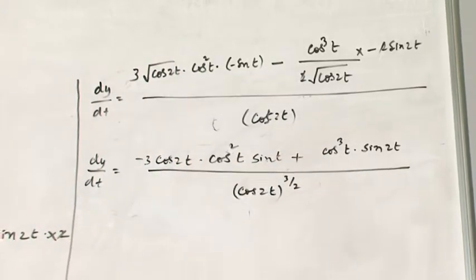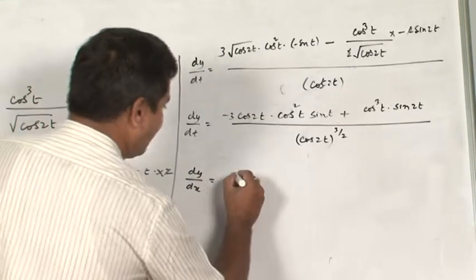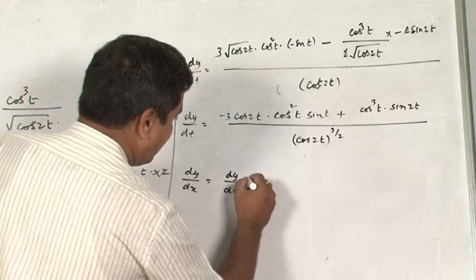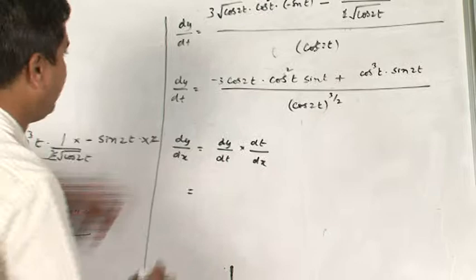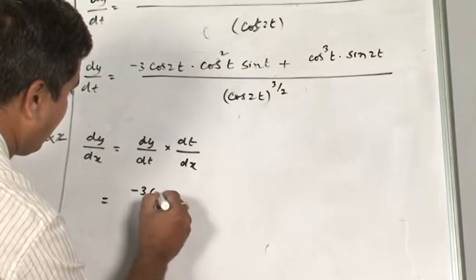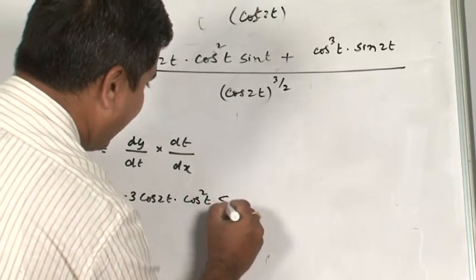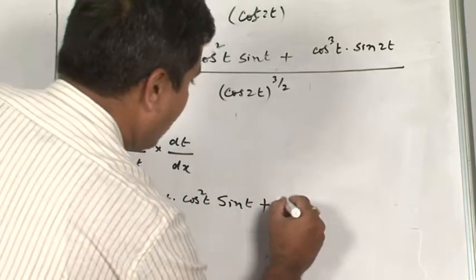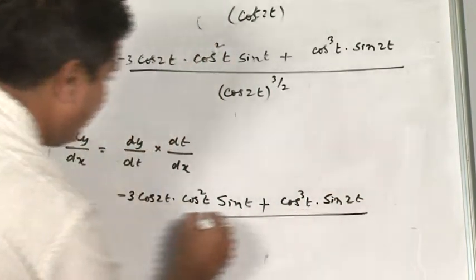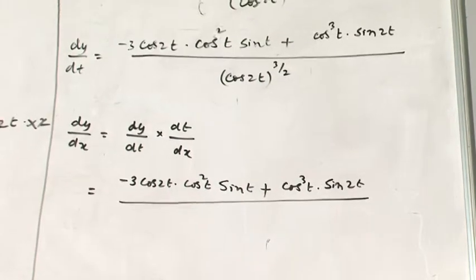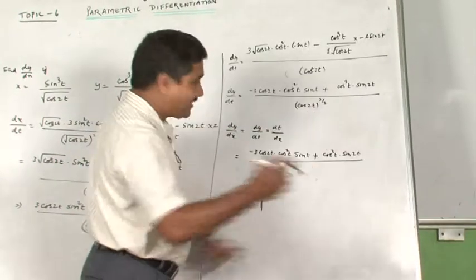Now, I want dy by dx. As I did in the previous case, dy by dx is equal to dy by dt into dt by dx. That results as dy by dt equal to minus 3 cos 2t into cos square t into sin t plus cos cube t into sin 2t divided by, when you take the reciprocal of this one, this particular term and this particular term will get automatically cancelled.